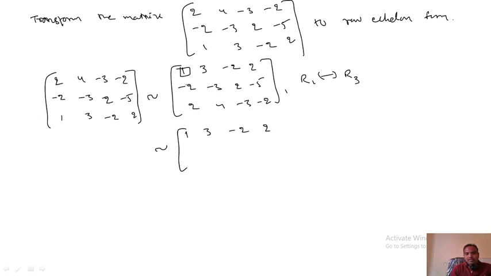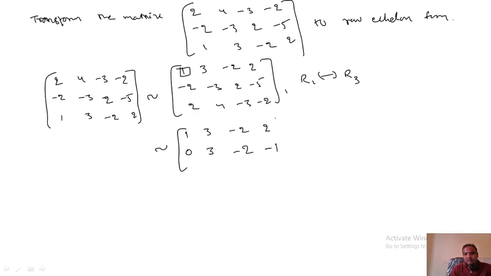Multiply the first row by 2 and add to convert to 0. Multiplying gives 6, -3 plus 6 is 3, -4 plus 2 is -2, and then -2 plus 4 is -1... 0 3 -2 -1.